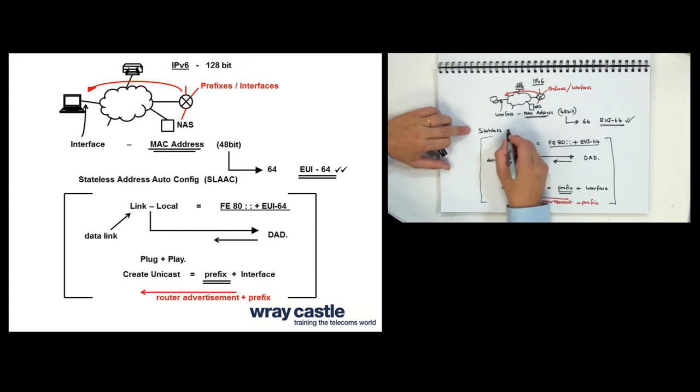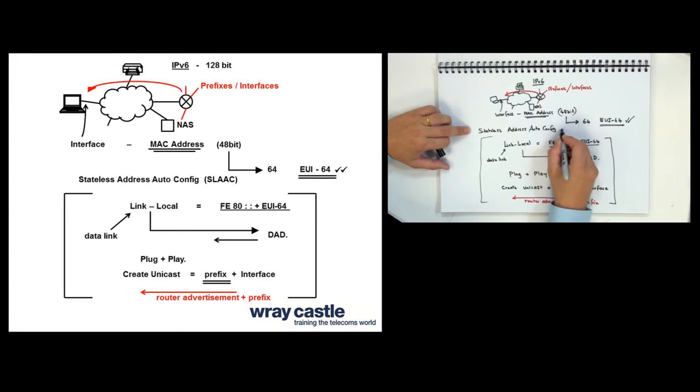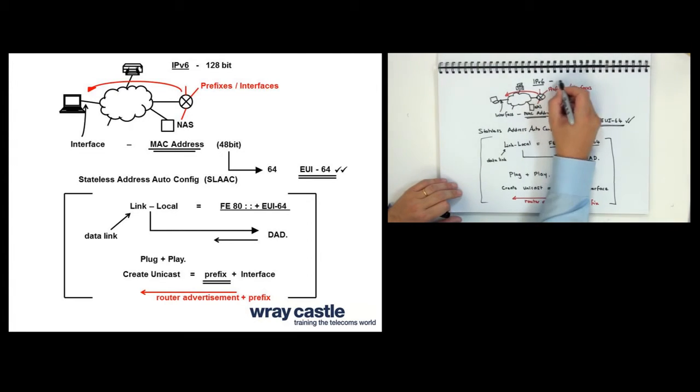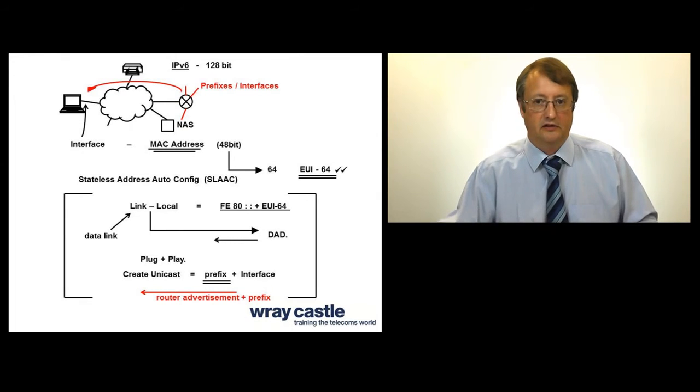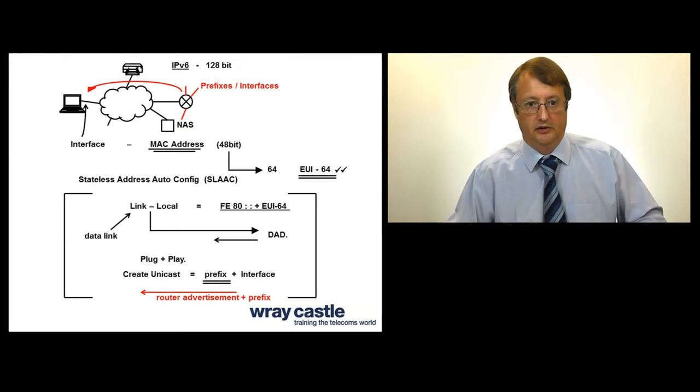So we're looking at address auto-config, otherwise known as SLAAC. So that gets you up and running without much user intervention, which is pretty good, really, because if you remember, IPv6 addresses are 128 bits, and you've got to remember all of that in hex. So it'd be nice if it could be done under the hood.